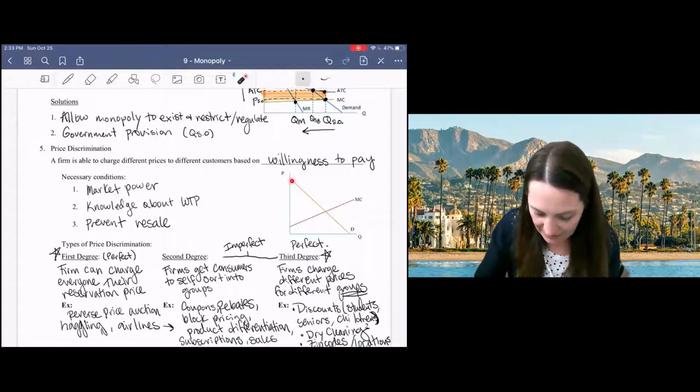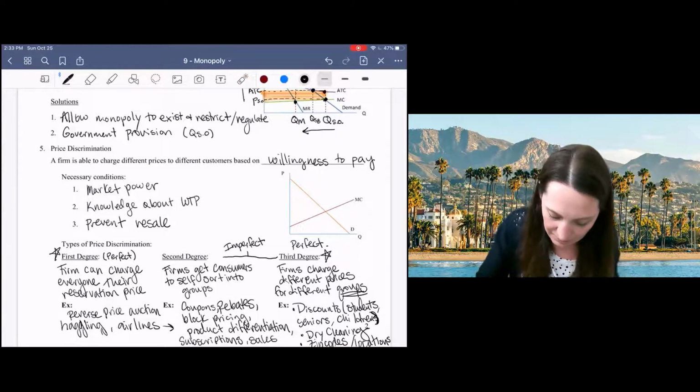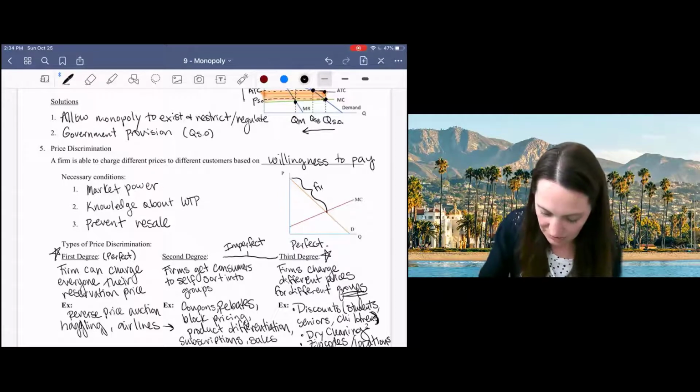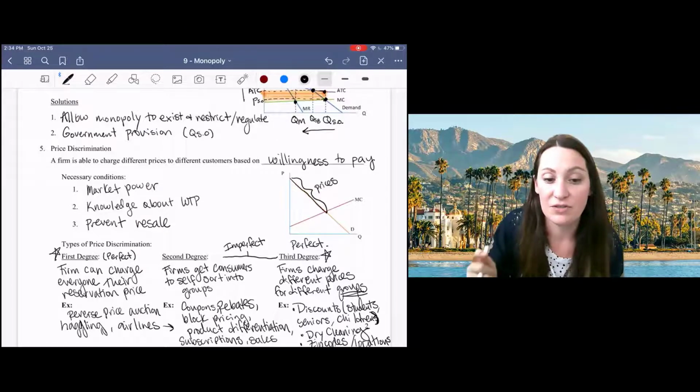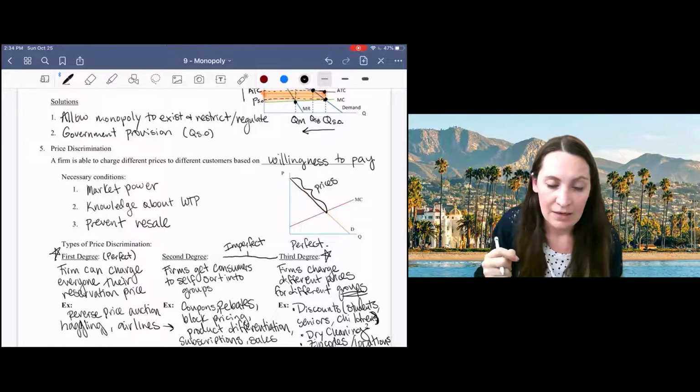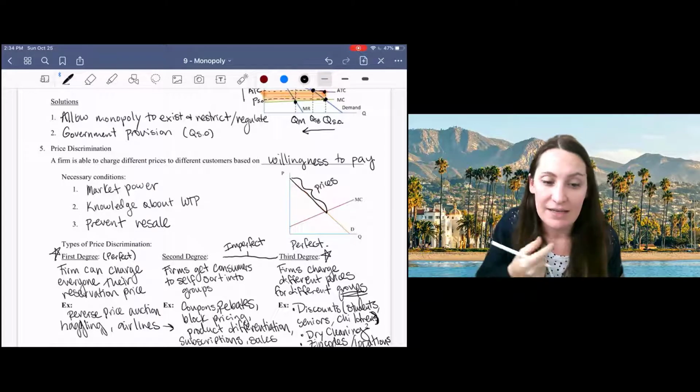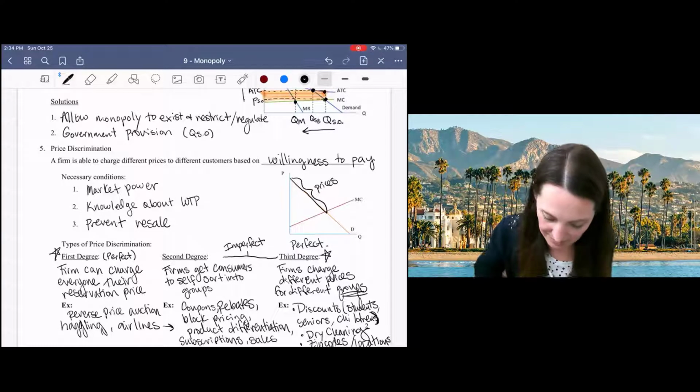So recall that demand represents the reservation price for each customer. And so the firm is going to charge each customer something that's exactly equal to their reservation price. So everybody pays a different price, and that price is the highest price they're willing to pay.